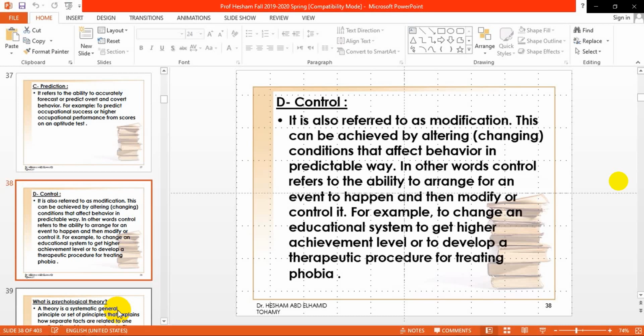Remember, control is also referred to as modification. So if I ask you about the definition of control, the answer will be the same as for the question of what is the definition of modification.